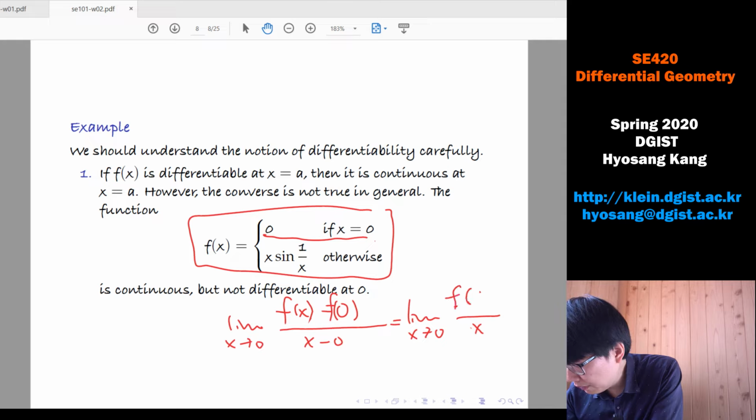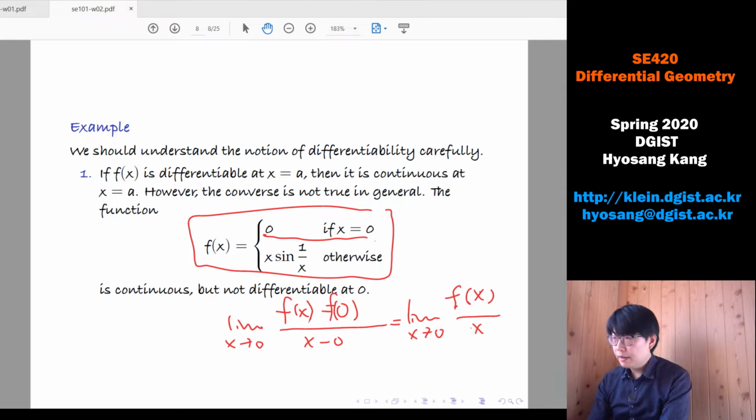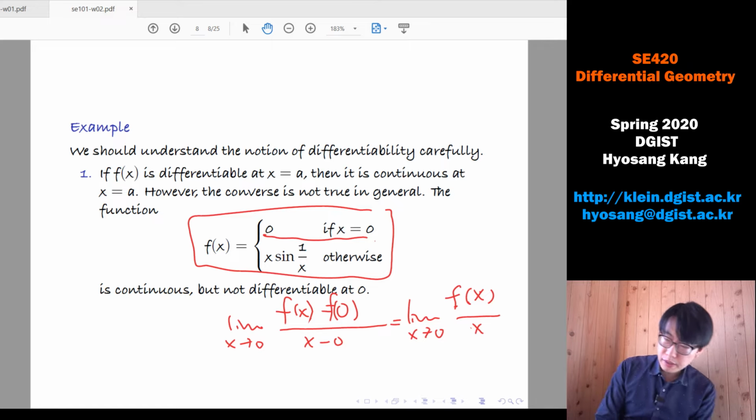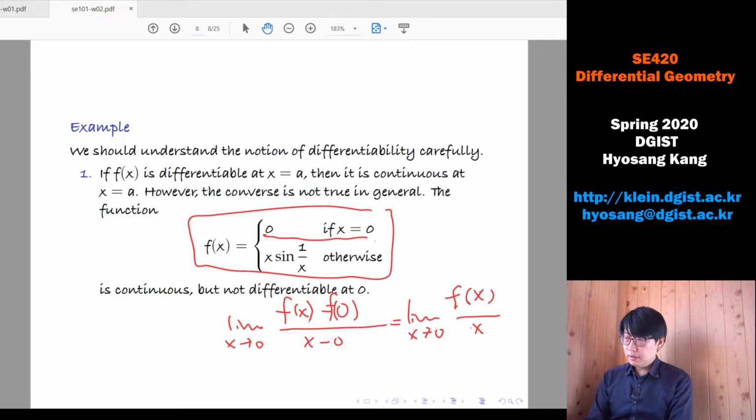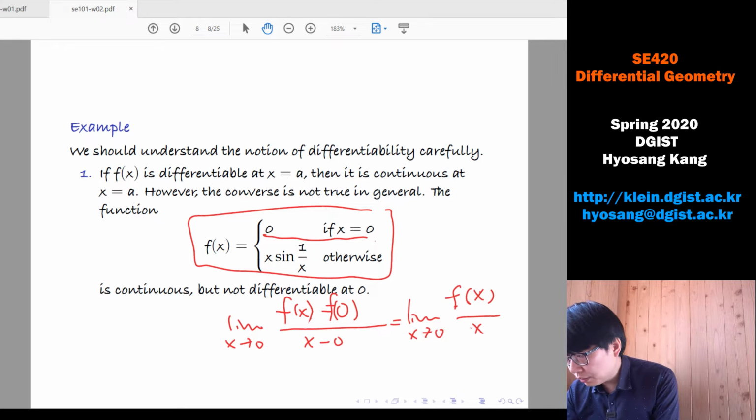Let me write f(x) here. Now, when you take a limit, I think you all trained that this f(x) is not equal to the value when x is equal to 0, because x is approaching 0, not equal to 0. So you have to plug in this formula, not 0 here.